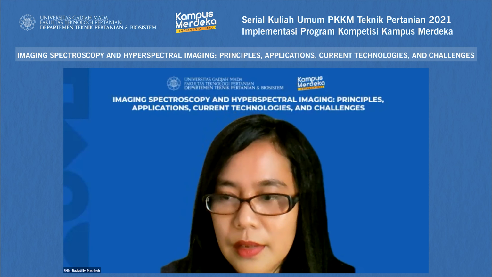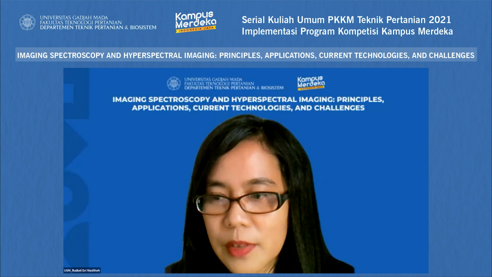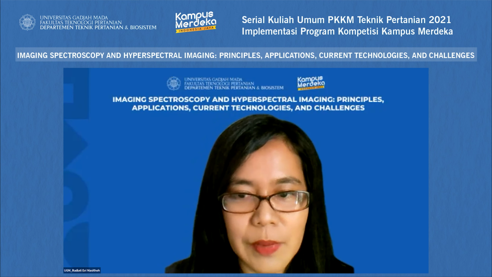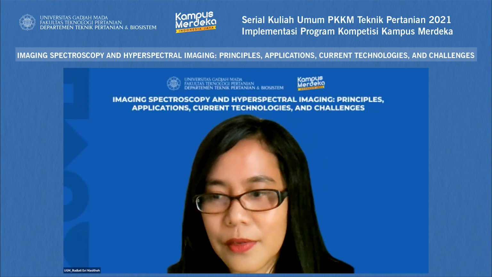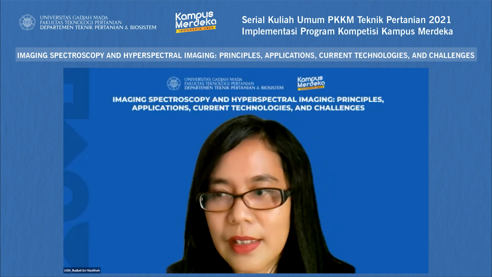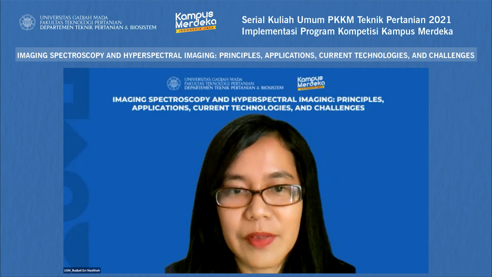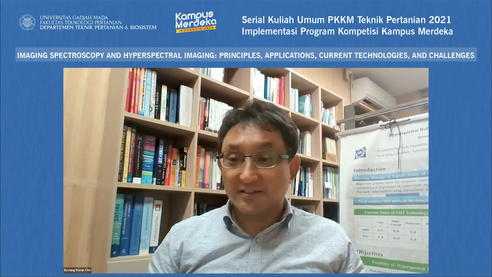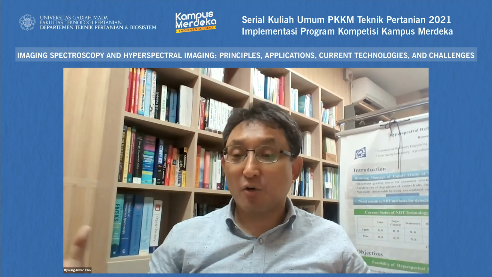Detection. Okay. So Professor, it is very possible to use either spectroscopy or hyperspectral imaging to detect rice infected by pests. Yeah, hyperspectral is better because we can detect the whole area.